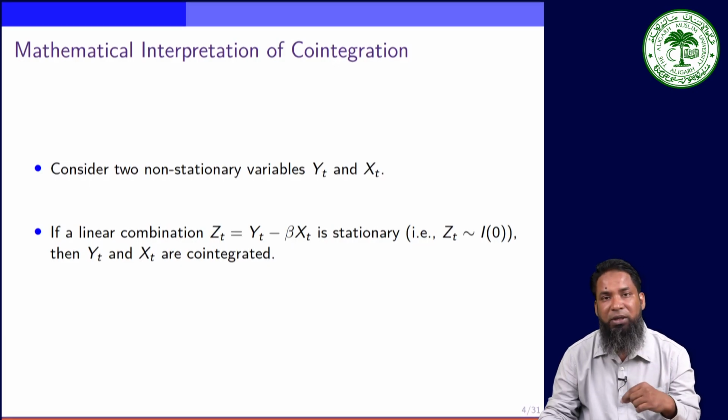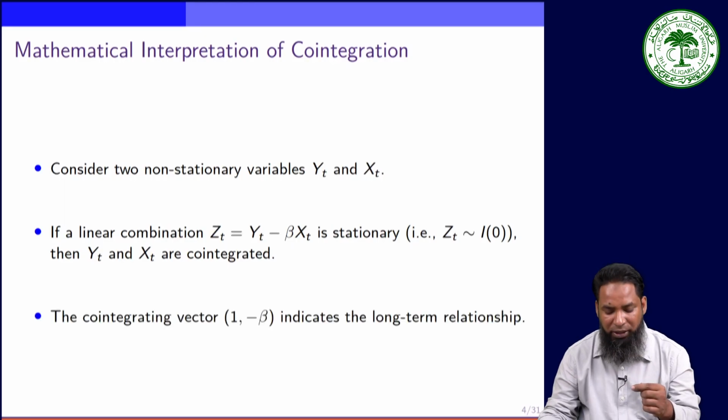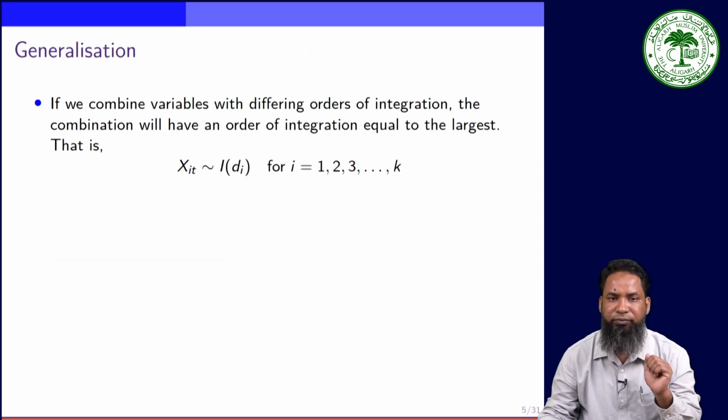If zt becomes stationary, while yt and xt are non-stationary, then we call xt and yt cointegrated, and 1 and minus beta is known as the cointegrating vector, which represents the long-term relationship between xt and yt.